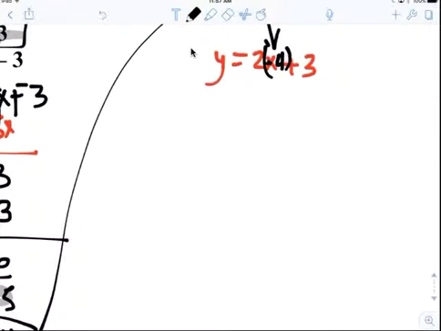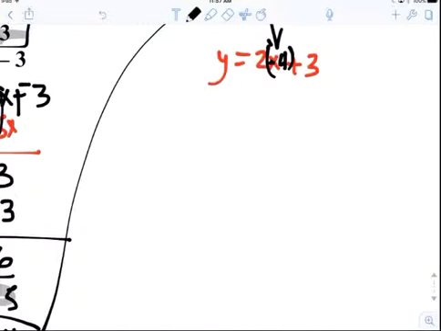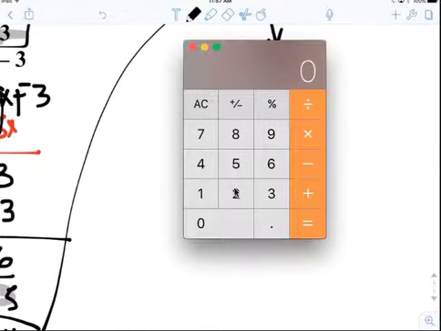So you do on your calculator 2 times a negative 4, that is negative 8, and then add the 3. You get negative 5.